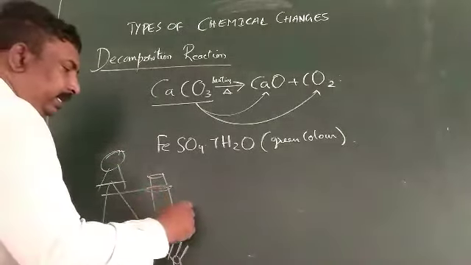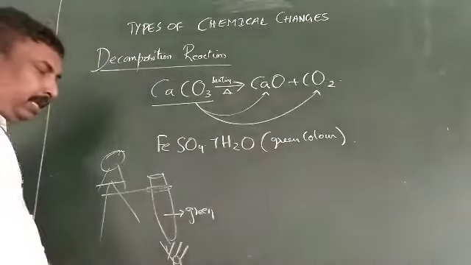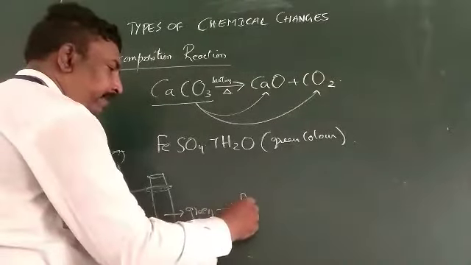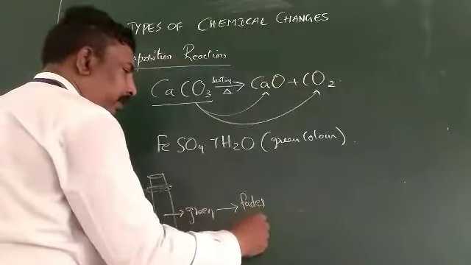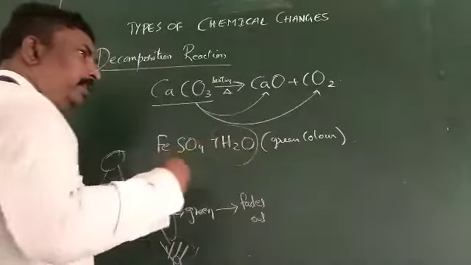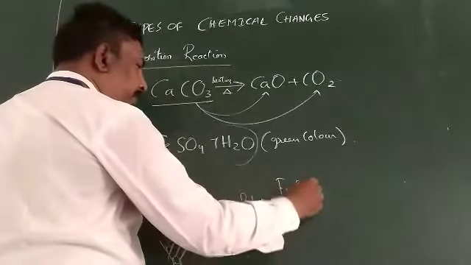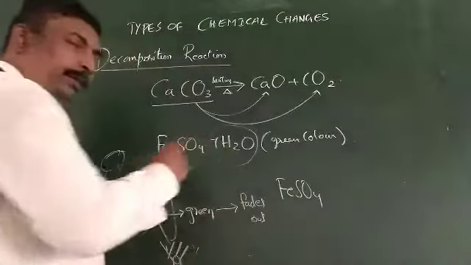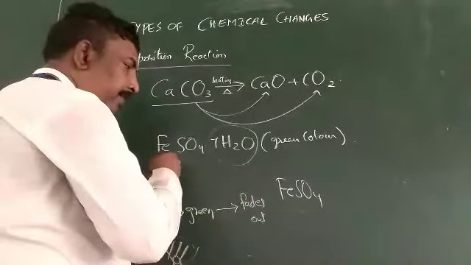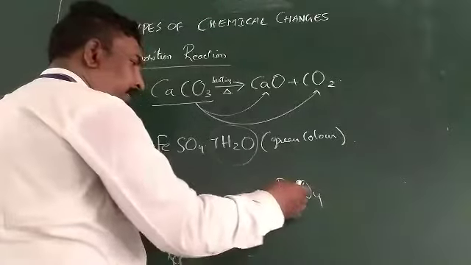So what is this green colored iron sulfate crystal? On heating, do you know what happens? This green color will fade out. Why? The water molecules will be gone and we will have iron sulfate. So when the water molecules are left out, then we will have colorless or white powder iron sulfate.